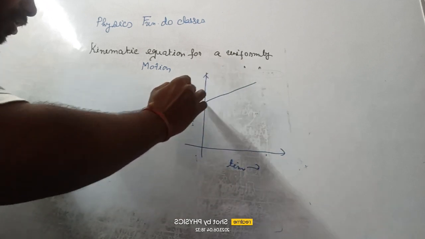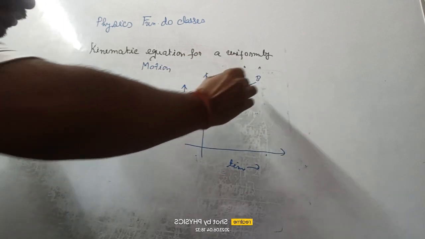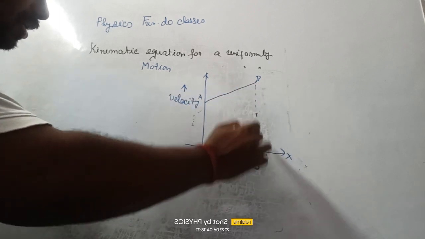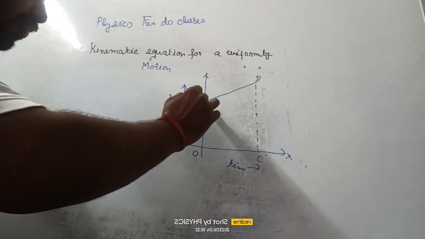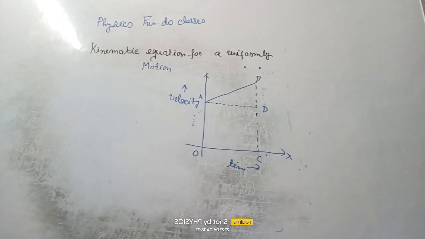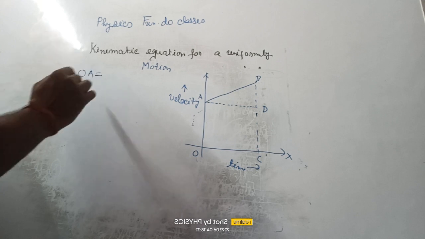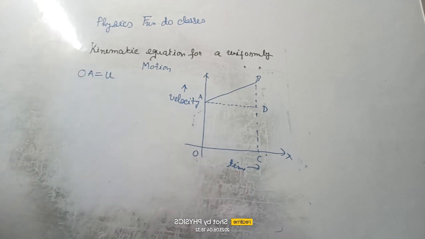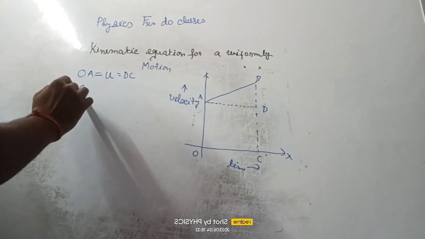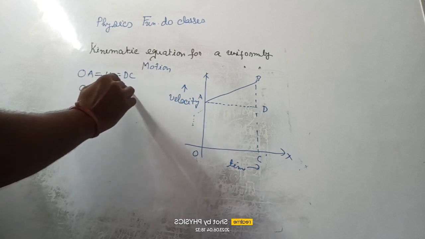The velocity time line is marked AB, and we draw the perpendicular BC over the x-axis, and from point A we draw the perpendicular AD. Now here OA is the initial velocity, that is u, also DC. Now OC is the time interval, so OC is equal to AD.